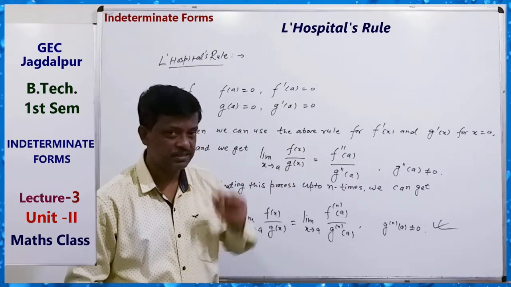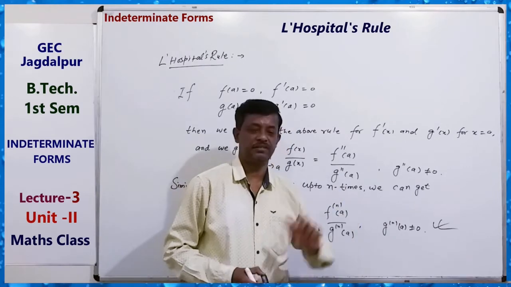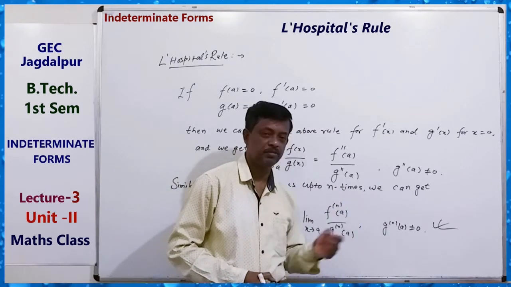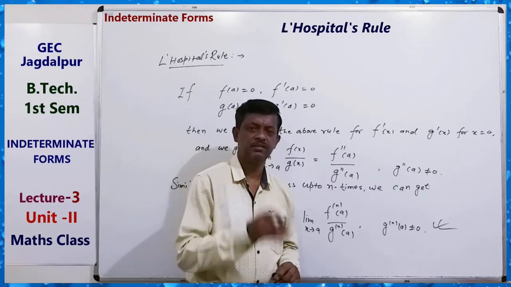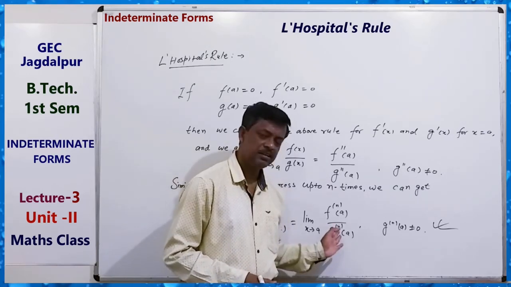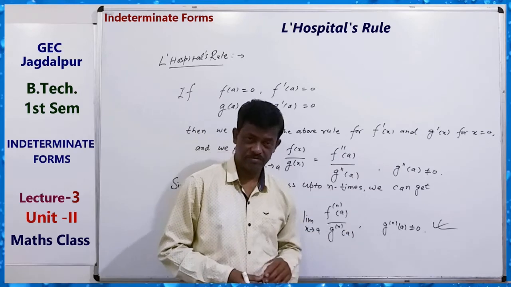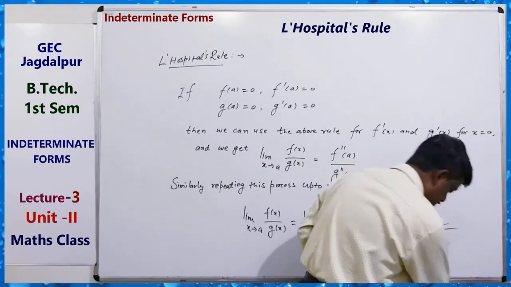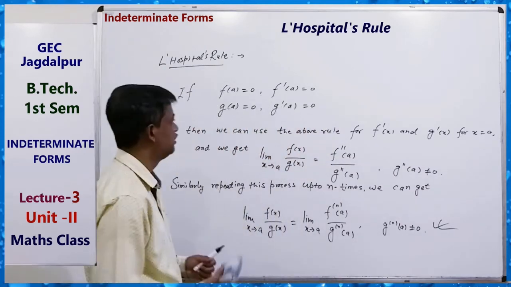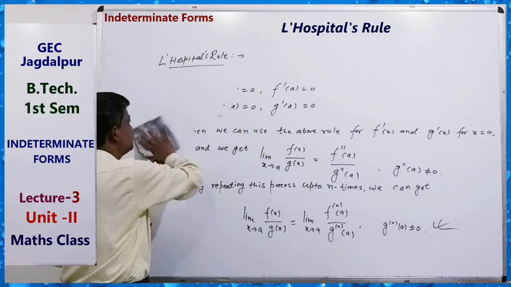Determinate form means we can find the limit and get a definite value. Just differentiate as many times as we require for getting determinate form. Okay. So just using this rule, we have to solve some questions.